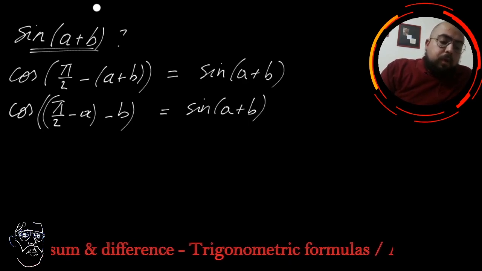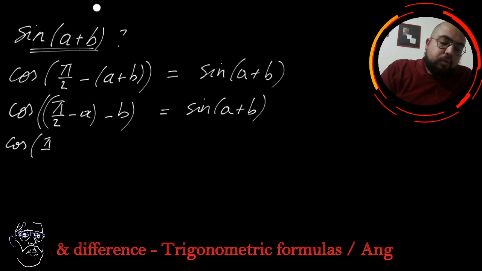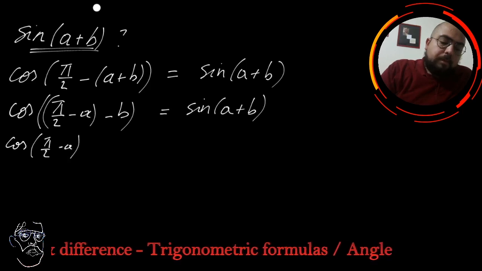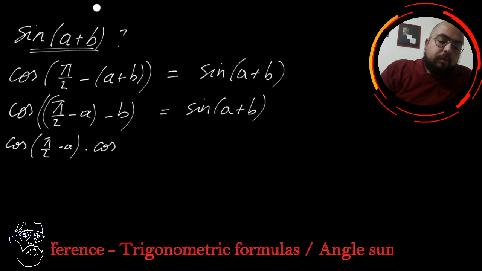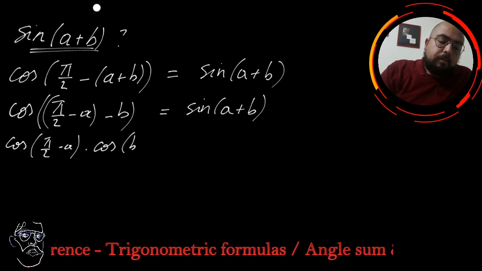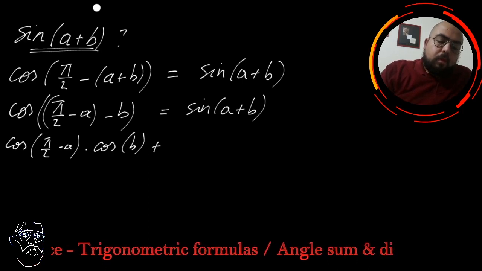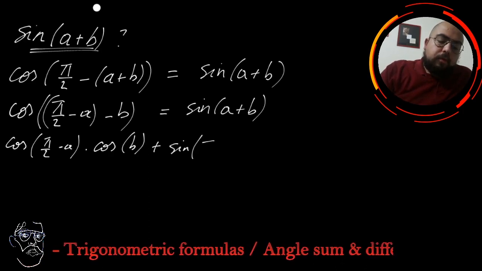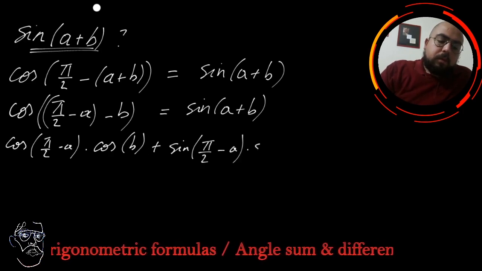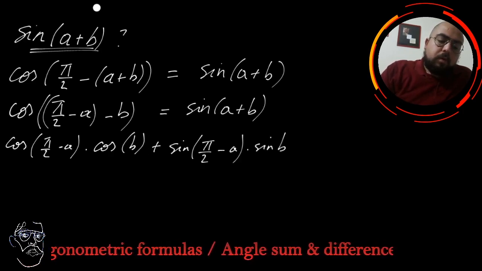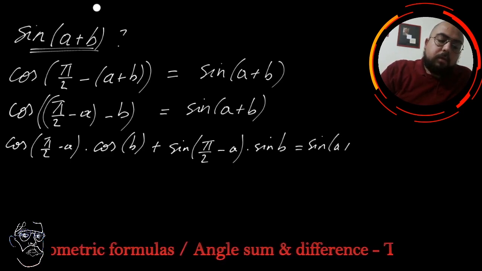I use the formula, so cosine of pi over 2 minus a times cosine of b plus sine of pi over 2 minus a times sine of b is equal to sine a plus b.